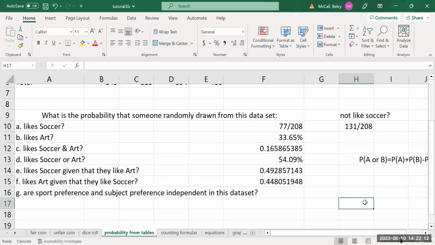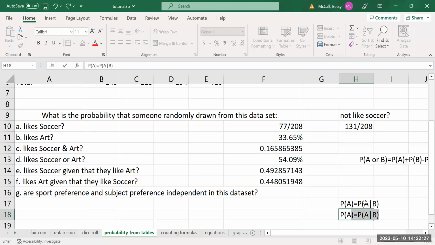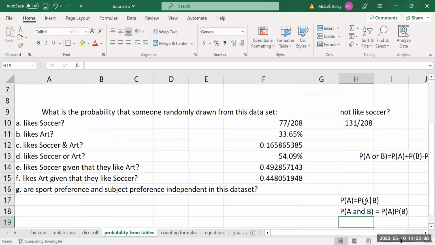If two variables are independent, then the probability of A is equal to the probability of A given B, or the probability of A and B is equal to the probability of A times the probability of B. We can test either or both of these.